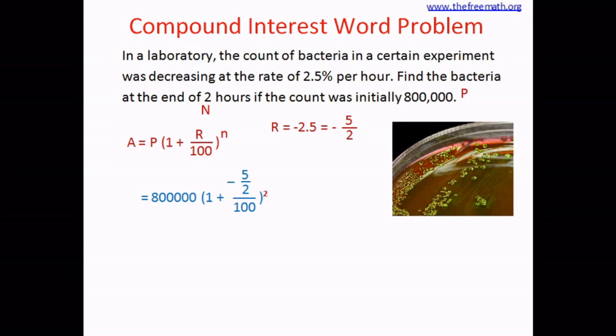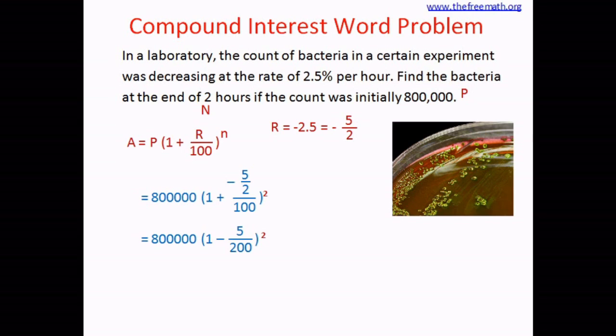1 plus negative 5 over 2 over 100 can be written as 1 minus 5 over 200. 5 over 2 means 5 is divided by 2. So 5 is divided by 2 and 5 is also divided by 100. So what I have done here is I have put that 2 as well as 100 in the denominator.